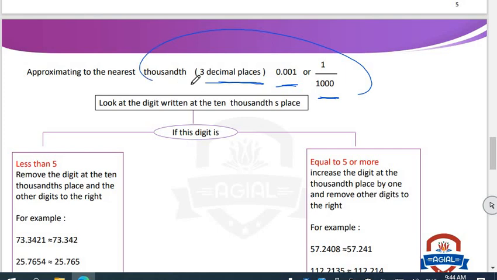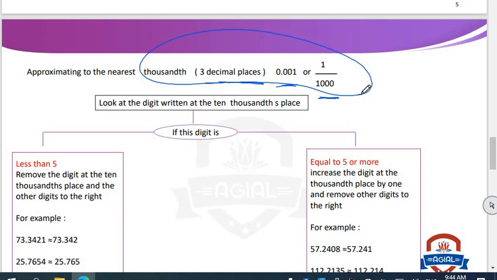All of it are equal. If I ask you to approximate to the nearest thousandth, meaning approximating to the nearest 3 decimal places, meaning approximating to the nearest 0.001, meaning approximating to the nearest 1 over 1000. Okay, what should we do in this case?